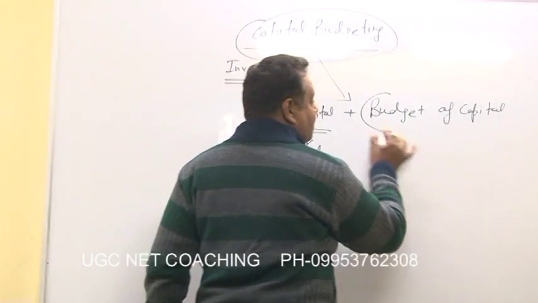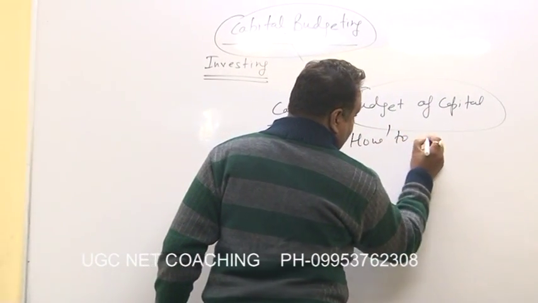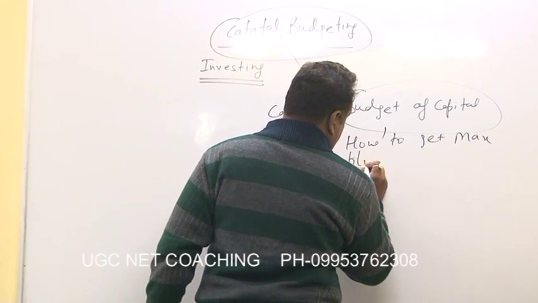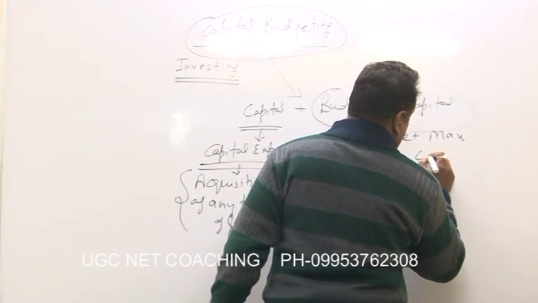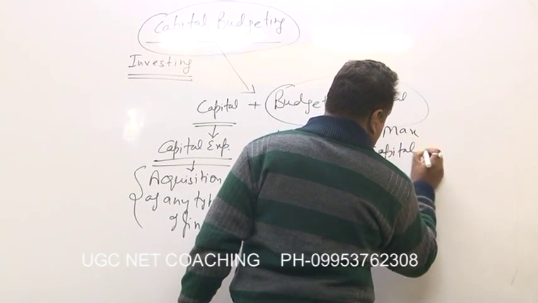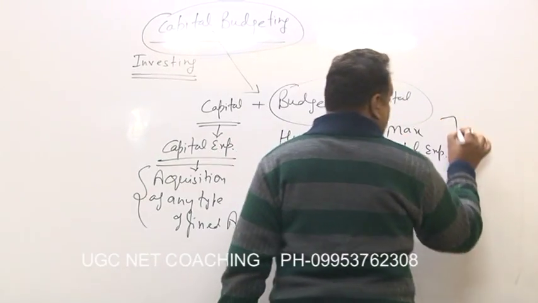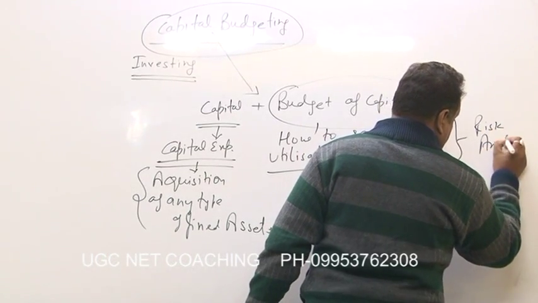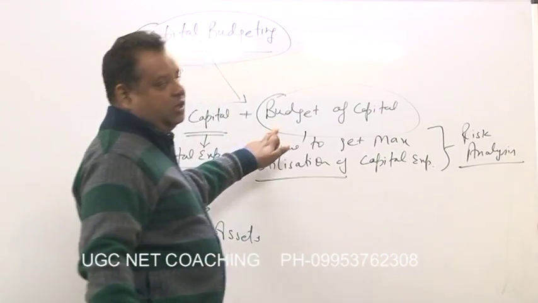And budgeting of capital means how to get maximum utilization of capital expenditure or any type of fixed assets. It also covers risk analysis. Therefore, it is known as capital budgeting.